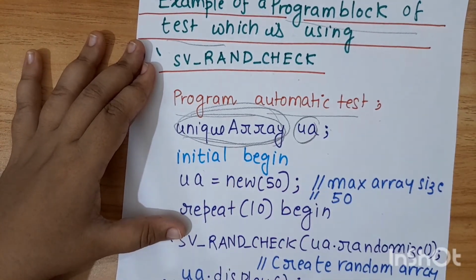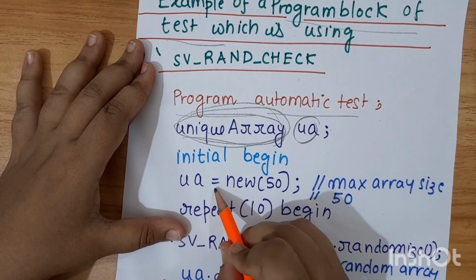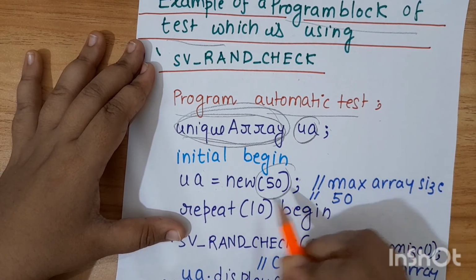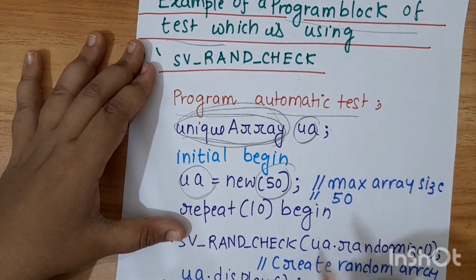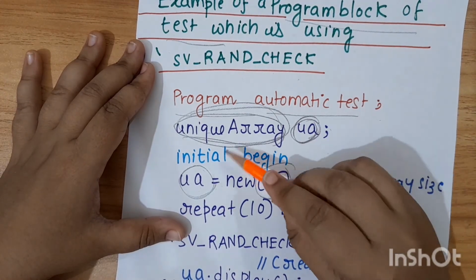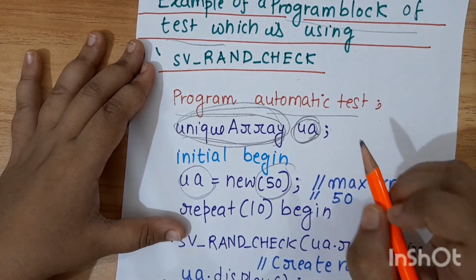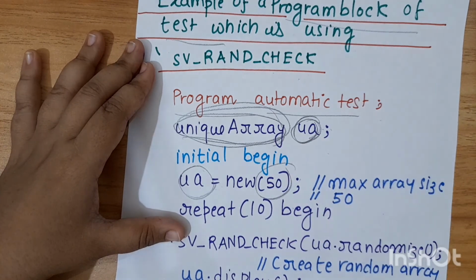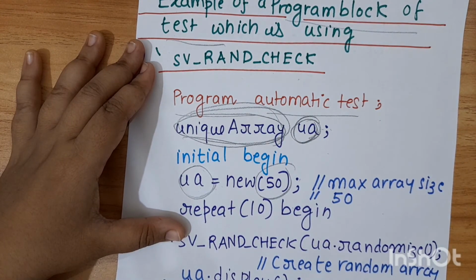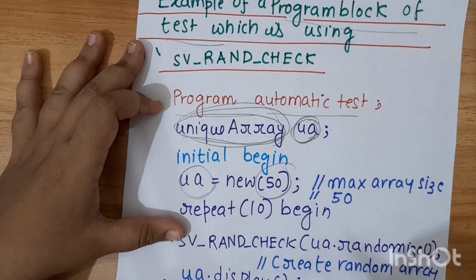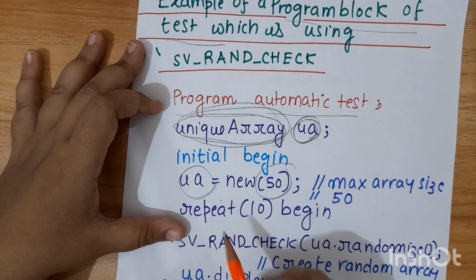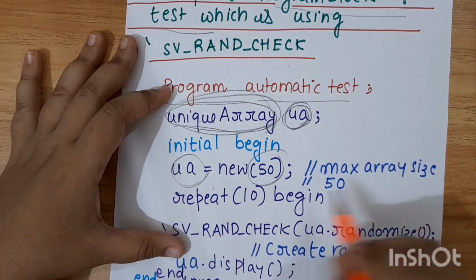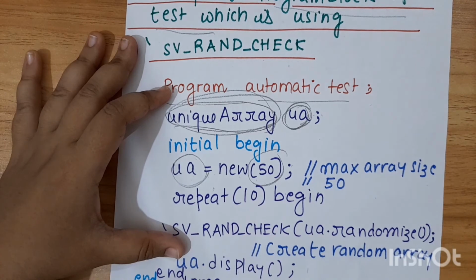Inside the initial begin, I am doing UA equal to new 50, which means I am constructing the unique array data type. It is actually an instance of a class. So for the user data type, I am putting the maximum array size as 50, new 50 semicolon.